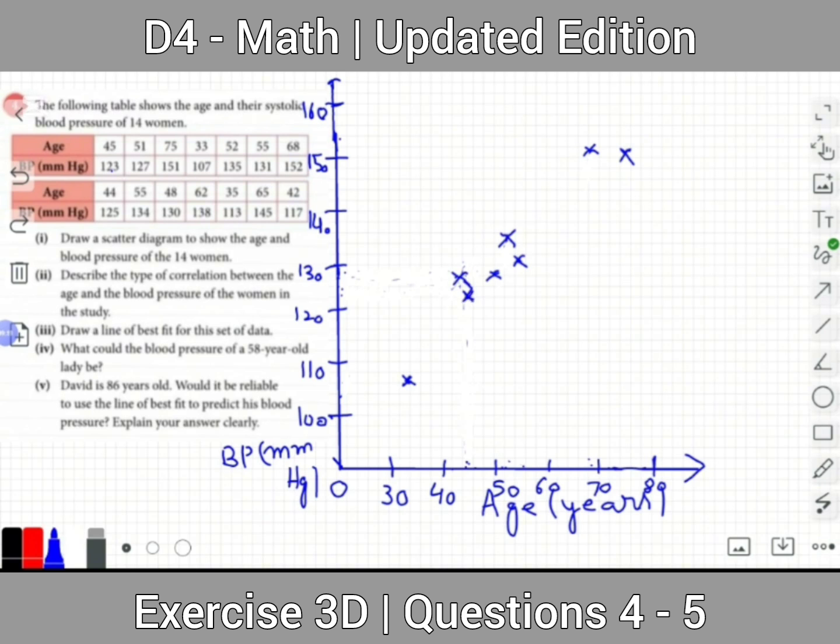Now for the ordered pair 55 and 134, here we have 55 somewhere here.